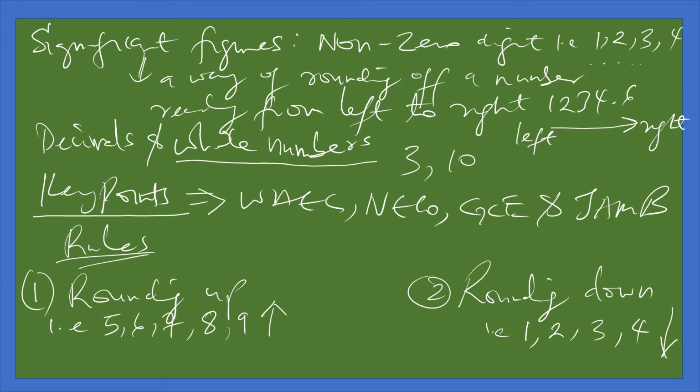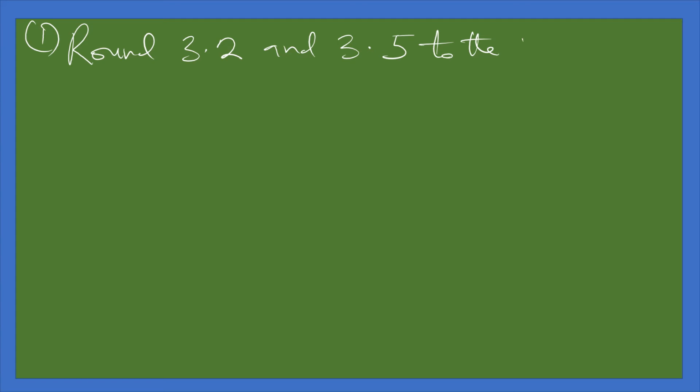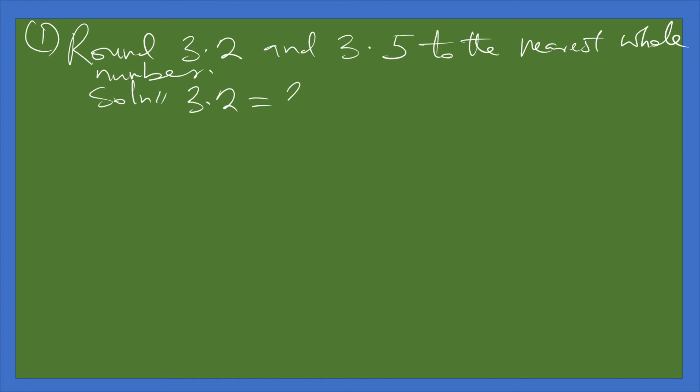Now let's take one example. Let's say round 3.2 and 3.5 to the nearest whole number. Now, solution to this, 3.2 is going to be equal to 3.